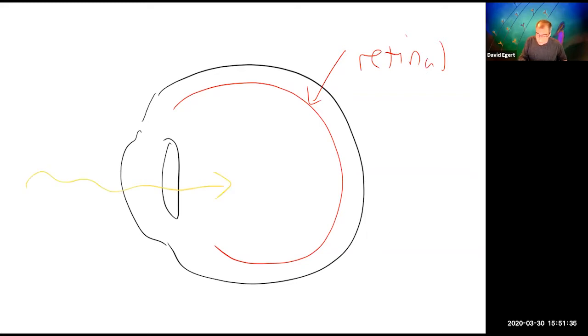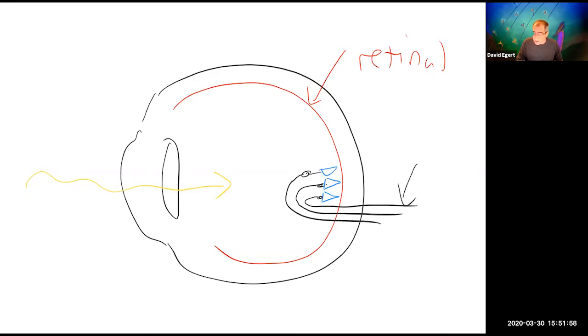The cones, which tend to be in that fovea centralis, tend to be connected to the ganglion cells. So each cone gets its own axon. If you look at the wiring from the cone to the bipolar to the axon, each axon from the optic nerve is basically responding to input from a single cone.